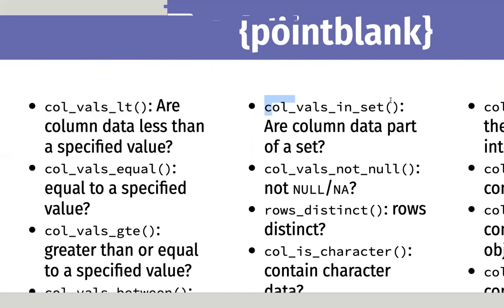Or are the column data part of a specific set? Or are the rows in this column distinct? And so things like that. These are basically like unit tests to make sure the data is as you would expect it to be. So instead of having to check each column one at a time, you can just add these, and every time you rerun your data analysis, it'll rerun these checks to make sure that everything is as expected.